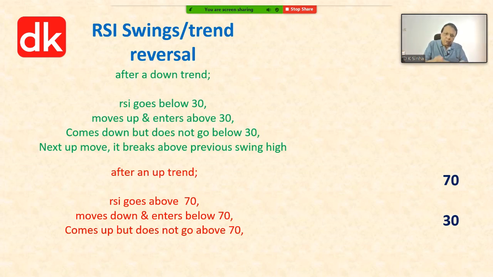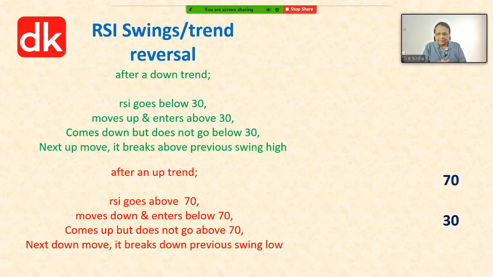And the next swing down breaks the previous swing low of RSI, which gives a confirmation of increasing downside momentum.